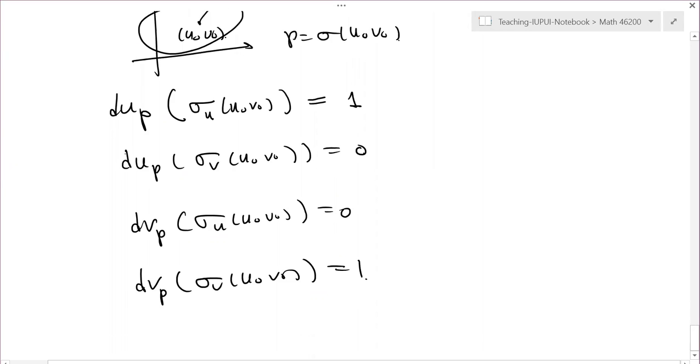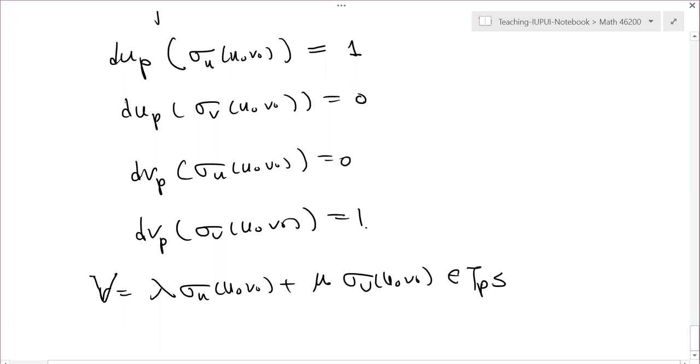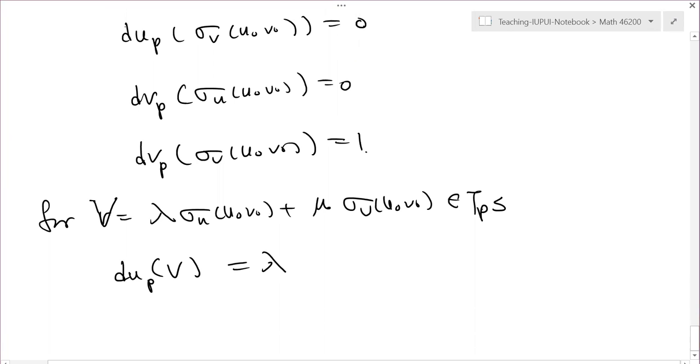In other words, for any tangent vector capital V equal to lambda sigma_u plus mu sigma_v, du_P of V is nothing but lambda, and dv_P of V is mu.